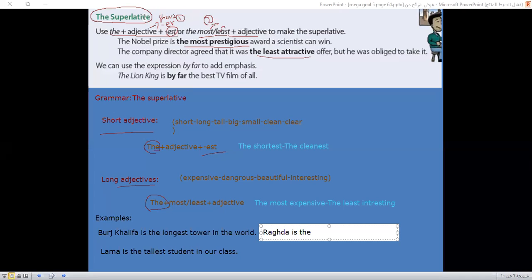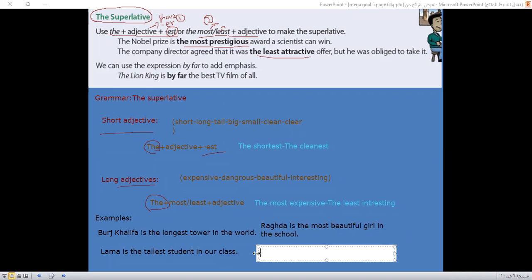The more and the more is still comparative, but it's another type of comparative. Okay, this one, no comparing. I don't know who's in the class, who I'm comparing to. No, I'm saying that Raghda is the most beautiful girl in the school. You see? Yeah, I get it.